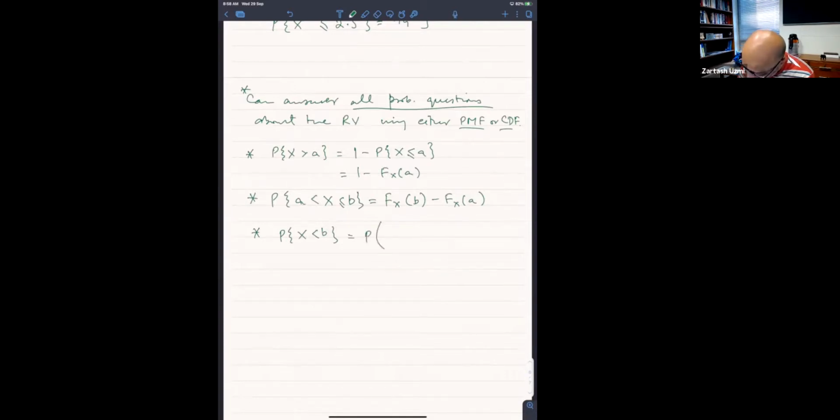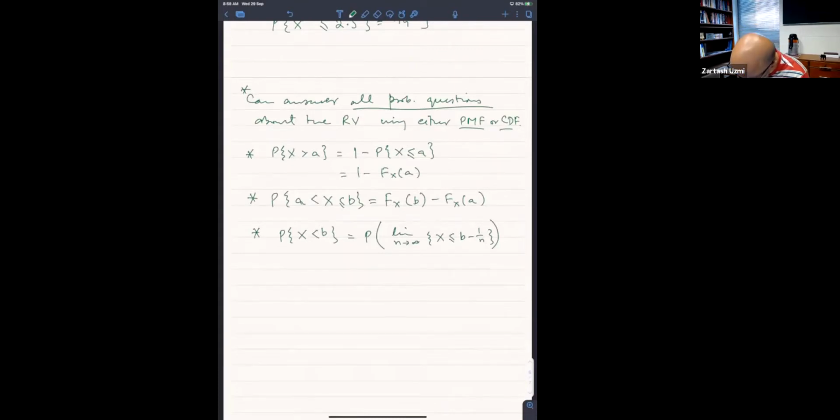Probability x is less than b is equal to probability limit n going to infinity, x is less than or equal to b minus 1 over n. So n tending to infinity, 1 over n will tend to 0, so b minus 1 over n will tend to b.